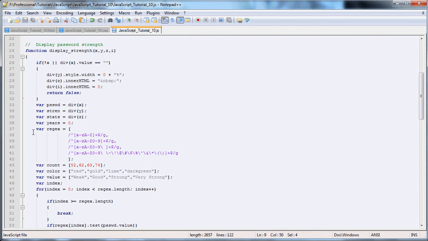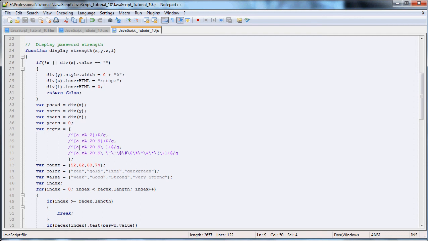This is where we match up our pool of characters. Again, this has to do with regular expressions in JavaScript. So for the weak ones, we're saying if our password is just all lowercase letters and uppercase letters, that will be a weak one. A good password means lowercase letters, uppercase, and digits, and so on and so forth.